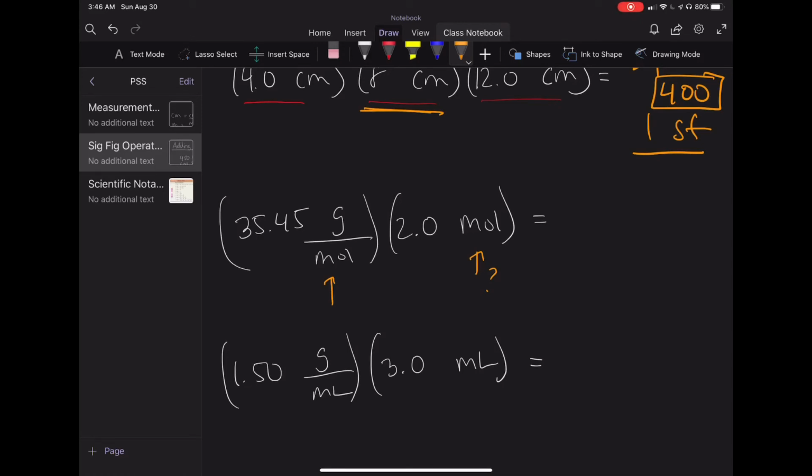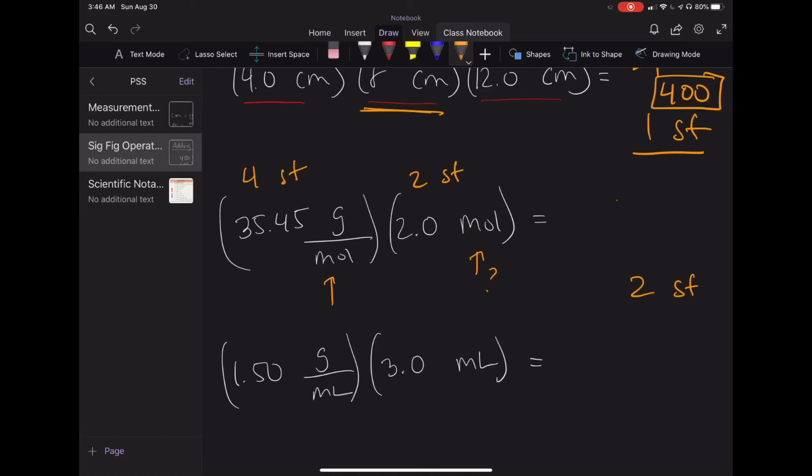But just in terms of the numbers, 35.45 times 2.0. The 35.45 has 4 sig figs, and the 2.0 has 2 sig figs. So our final answer is going to have 2 sig figs because this one's smaller. So now to our calculator, we're going to type in 35.45 times 2.0.